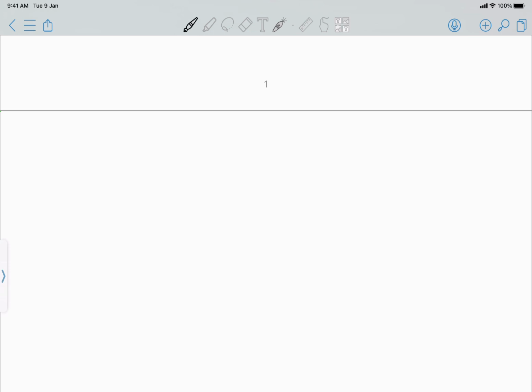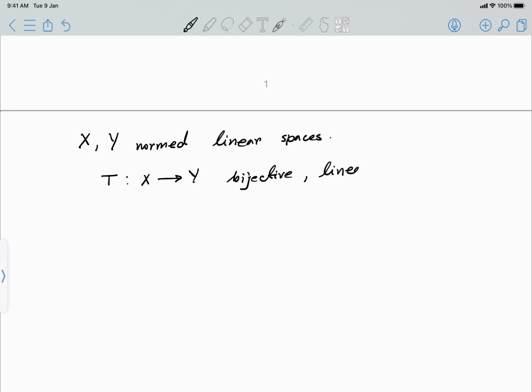So option 1. First we are given X and Y normed linear spaces, and T is a map from X to Y which is bijective and linear with closed graph.